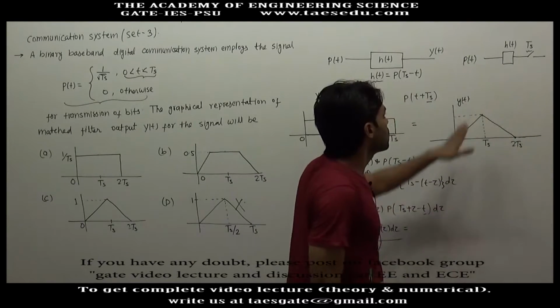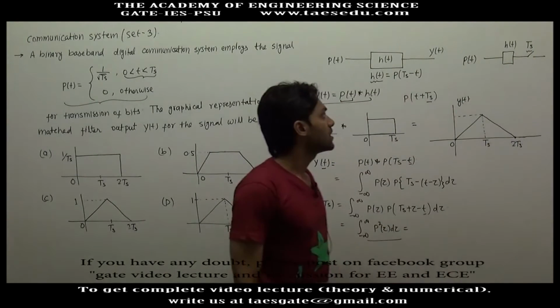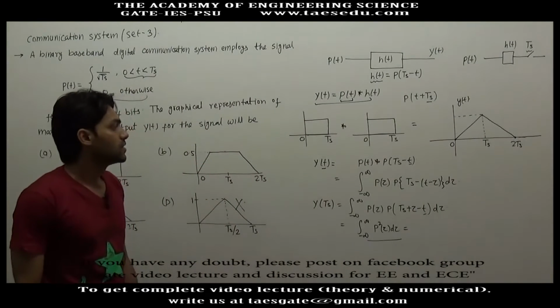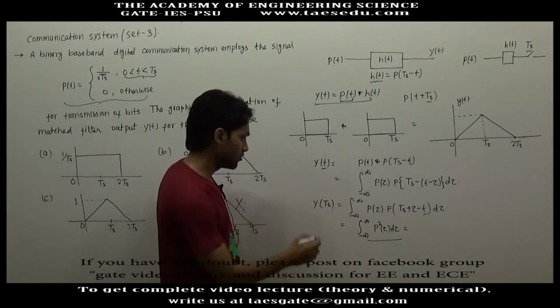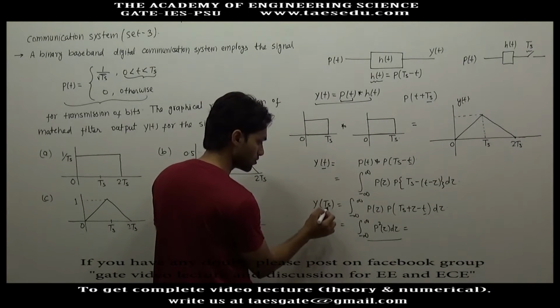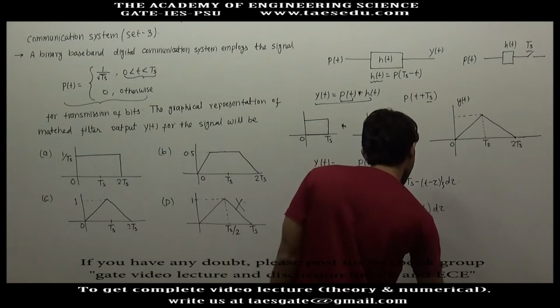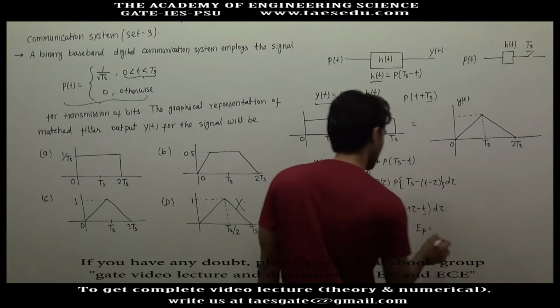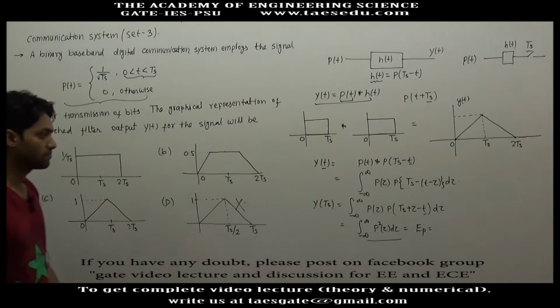So the value of output at ts is nothing but the energy of the signal pt. Value of the yt at t equal to ts is nothing but the energy of the signal pt. This we have already studied in communication system.